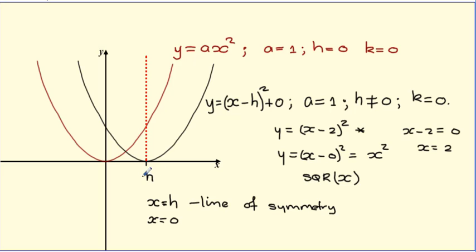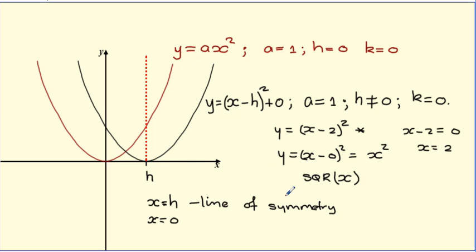So that's what is being shown here: if we have the equation of the graph written this way, h actually gives you where the line of symmetry is. But we also know that the line of symmetry is where the turning point is.